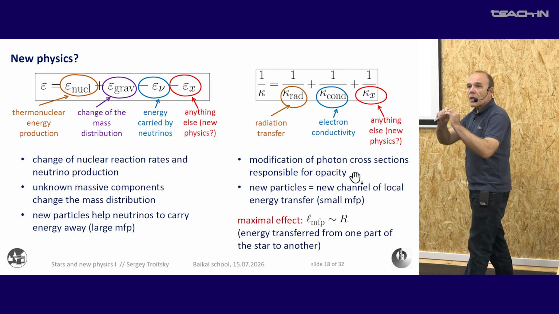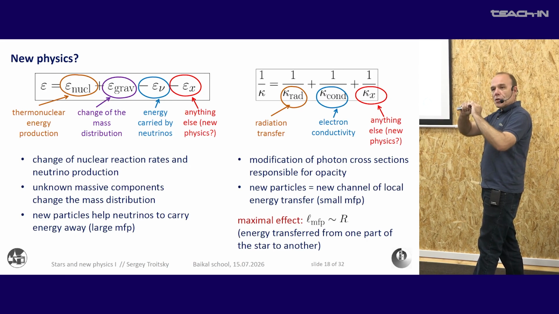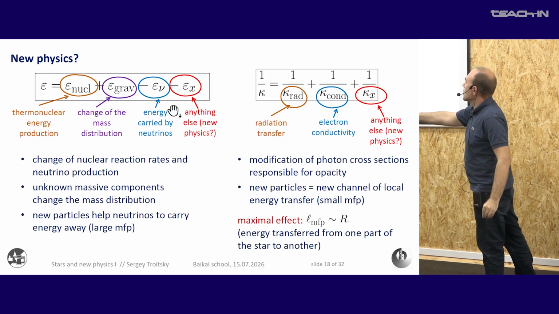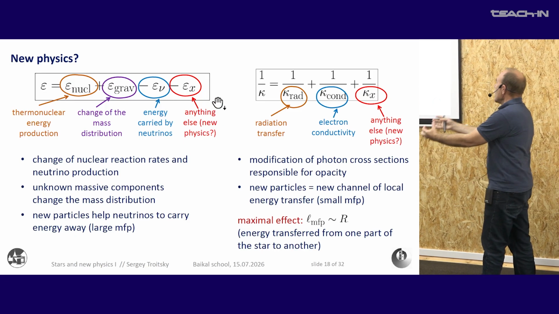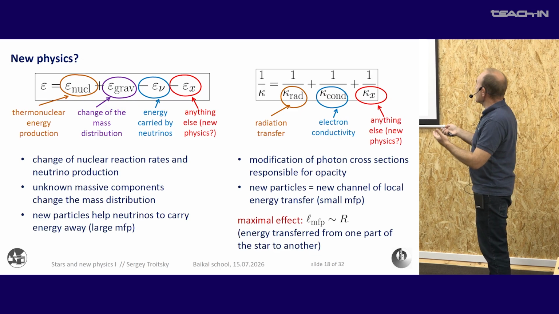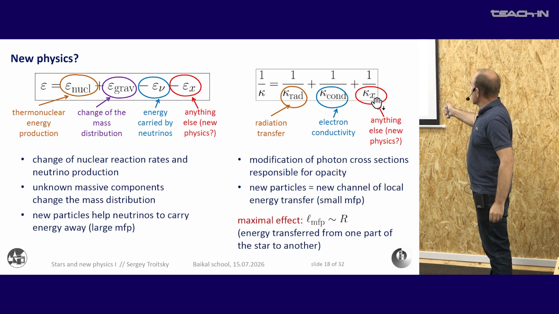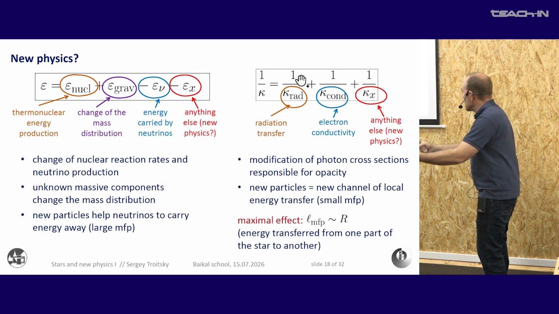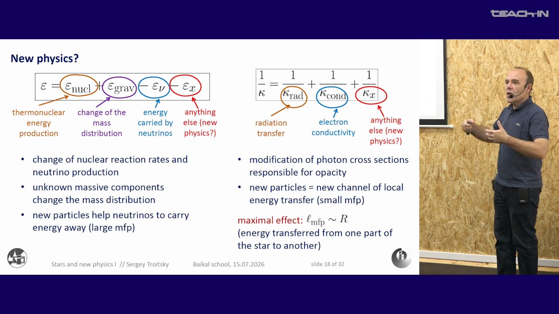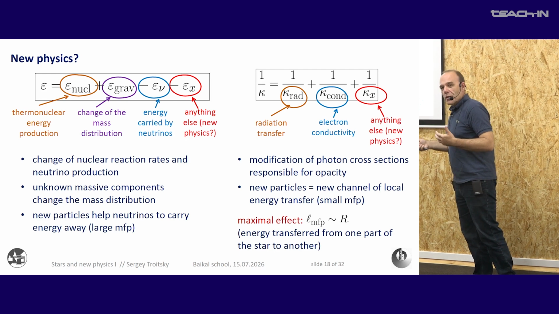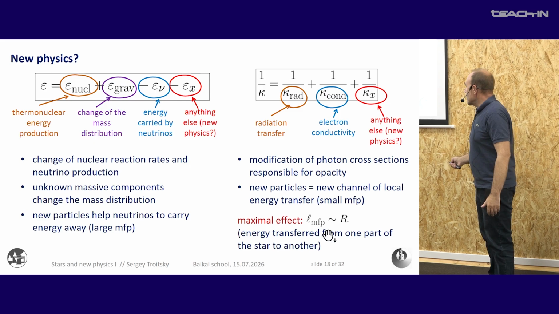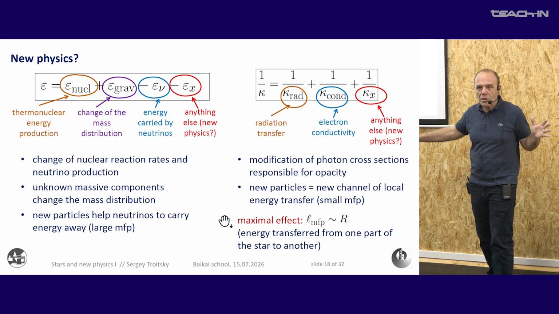Look, if the new particles have very small cross-section with the stellar matter, they flow away and carry energy away and contribute to epsilon. If they interact rather strongly, they have small mean free paths, and they contribute to opacity, to the local diffusive energy transfer. And of course, the maximal effect is in the very hard to study regime, where the mean free path of the new particles is of the order of the stellar radius.